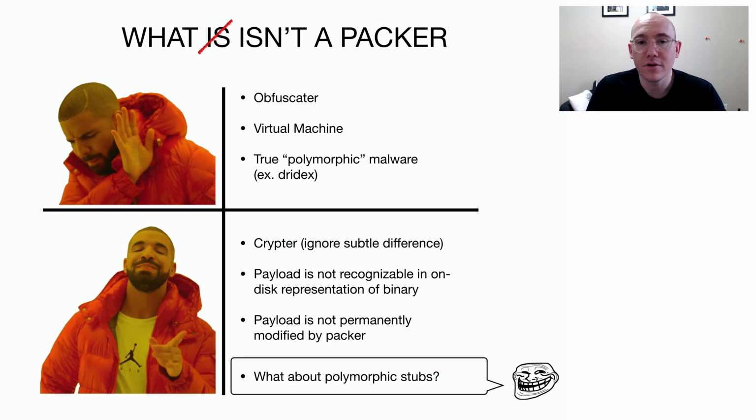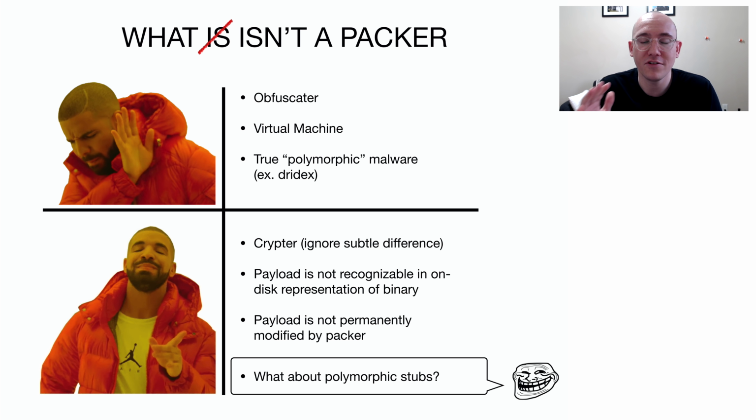It's also important to make a distinction between polymorphic malware and polymorphic stubs. Around 2008, I think Chet Hosmer had a talk at BlackHat about polymorphic and metamorphic malware. After this talk, basically all these for-sale packers started calling their packers polymorphic for marketing purposes.